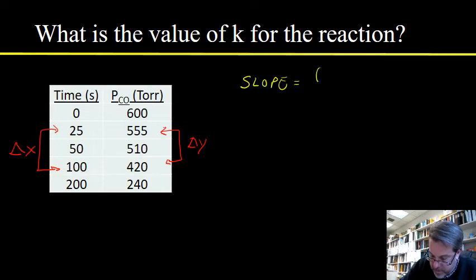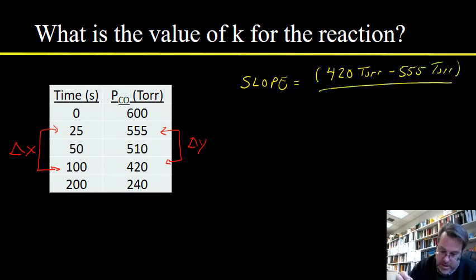So the slope is just going to be 420 Torr minus 555 Torr, and the change in the x coordinate is going to be 100 seconds minus 25 seconds.